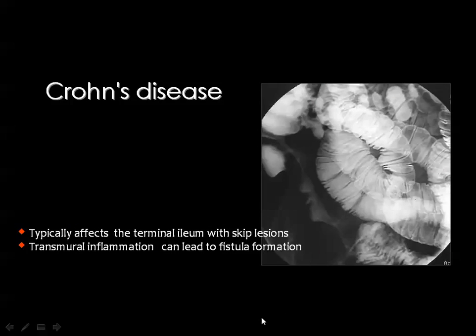The most important, most common and most diagnostic sign of Crohn's disease in the small bowel is affection of the terminal ileum. And the affection of the terminal ileum may have many forms in the barium studies, but frequently it is in the form of a stricture with marked irregular narrowing of the terminal ileal loop.